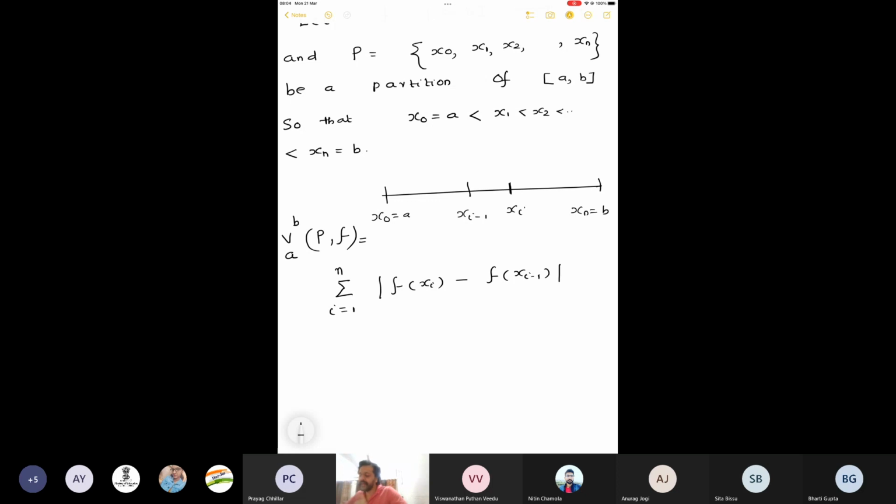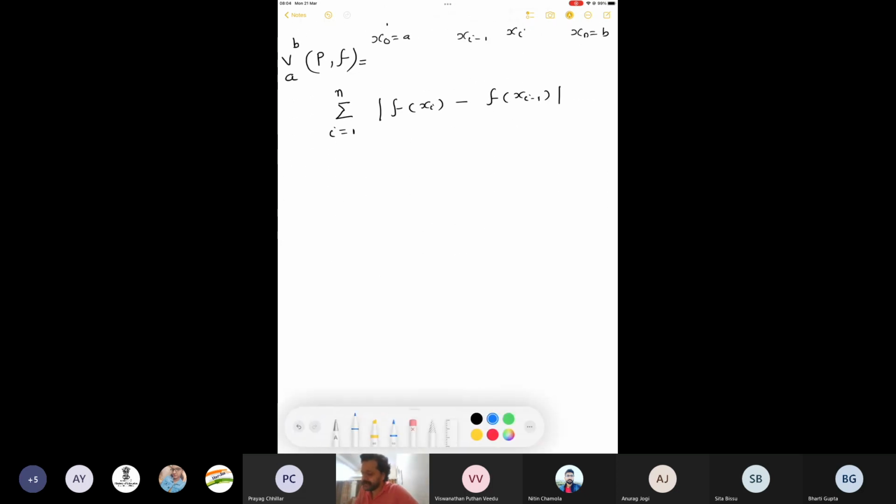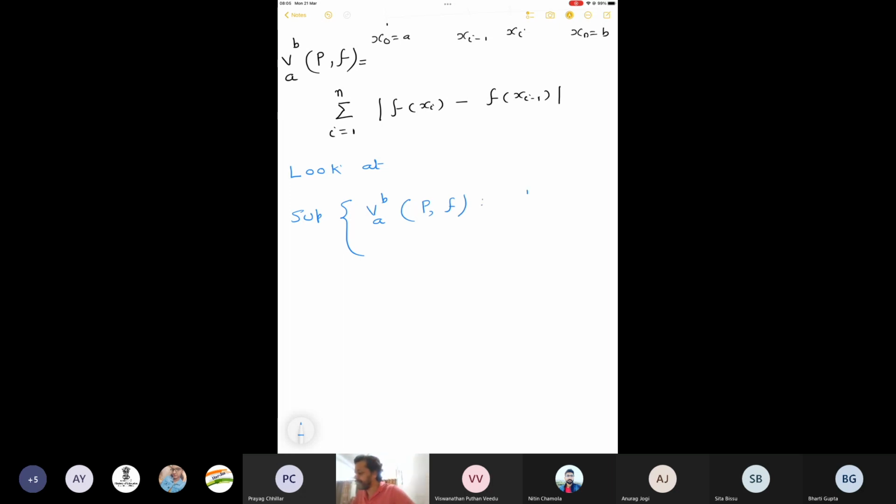Now you can vary the partition, look at the variation of the function over different partitions, and take the supremum of all such variations. Look at the supremum of the variation over AB corresponding to the partition P of the function f, where the supremum is taken over all partitions.